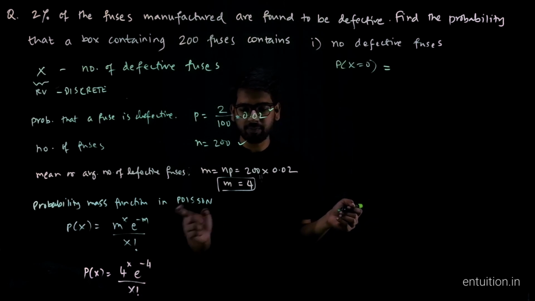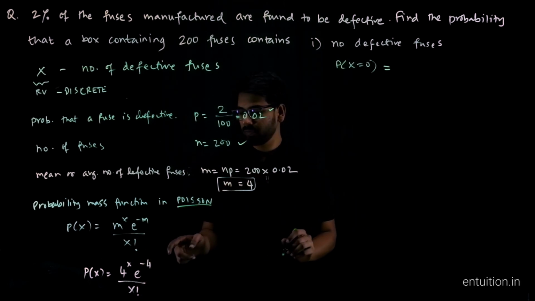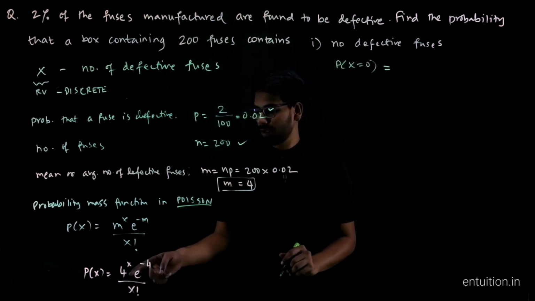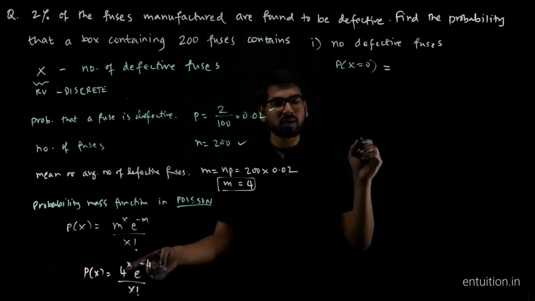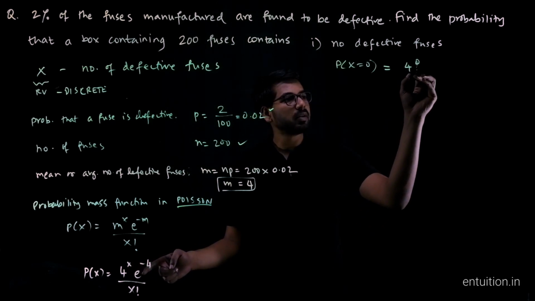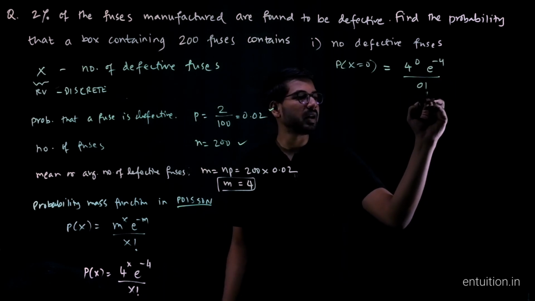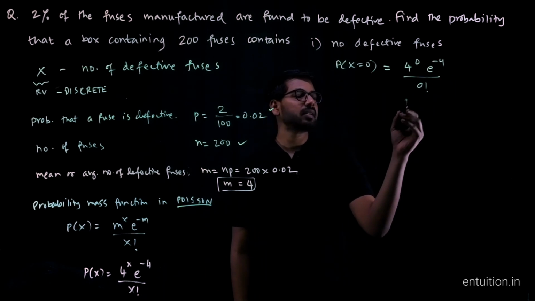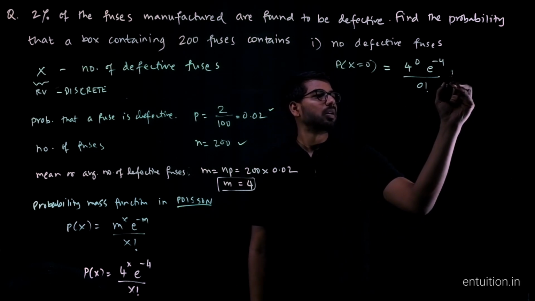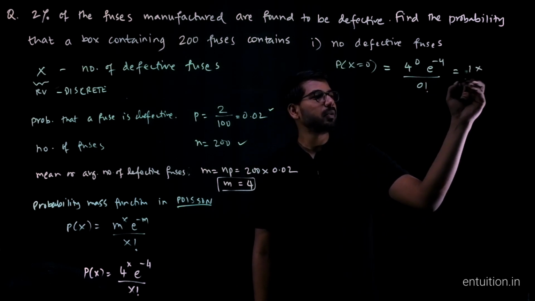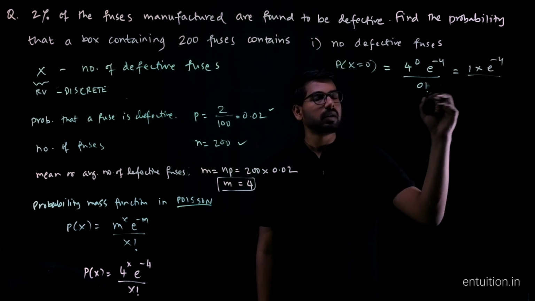This is the probability function for the Poisson distribution. If you substitute x equal to 0, that is 4 power 0, e power minus 4, over 0 factorial. 4 power 0 is 1, into e power minus 4 as it is, and 0 factorial is 1.